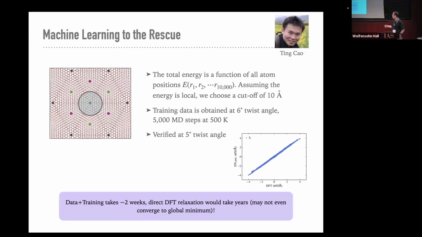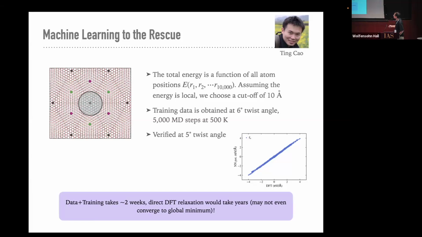Our training data is generated by running the molecular dynamics simulation at 500 Kelvin. The reason is that we want the atoms to explore a lot of parameter space, but I still want them to stay at a physically reasonable space, right? By running this MD simulation at a high temperature, we can achieve that.